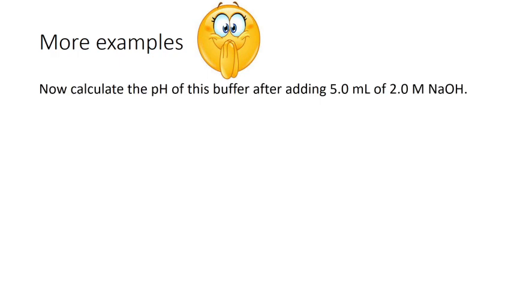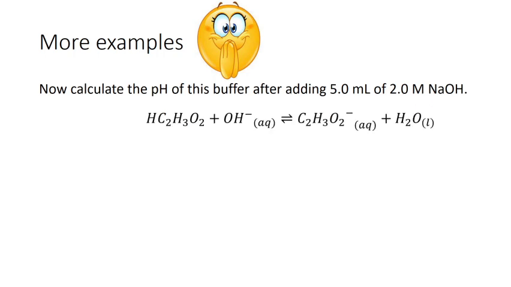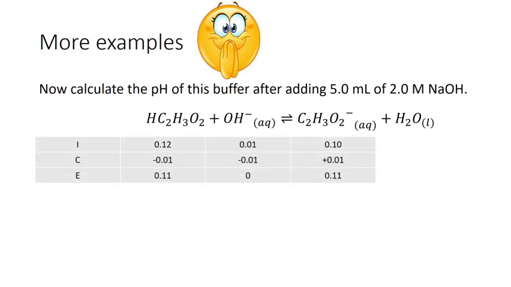So now we want to see what the pH of this is after adding 5 milliliters of 2 molar sodium hydroxide, which, as we know, is a strong base. We're going to start by writing an equation where our acetic acid reacts with the hydroxide from our sodium hydroxide, forming acetate and water. We are then going to make an ice table in which we put in our concentrations.